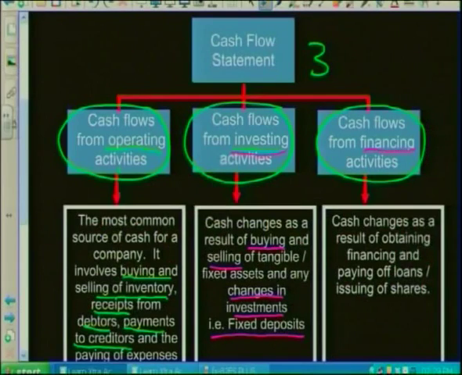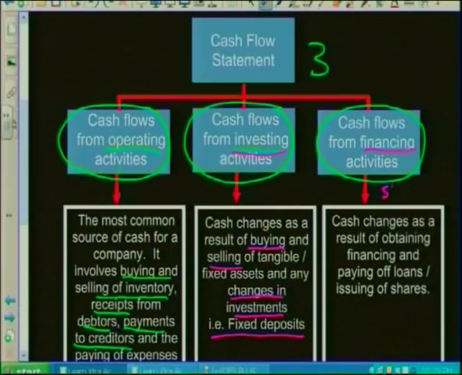Let's now move on to the very last component, your cash flows from financing activities. The word financing simply refers to your own capital versus your borrowed capital. Now, when we talk about own capital, here we are referring to your shares. So if, for example, the company has sold shares during the financial year, money is going to come into the business.